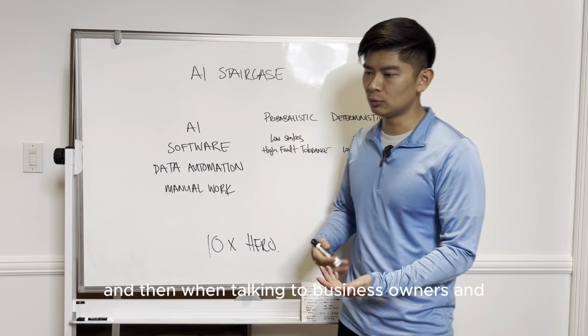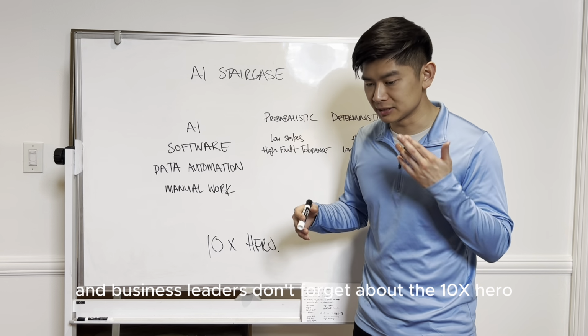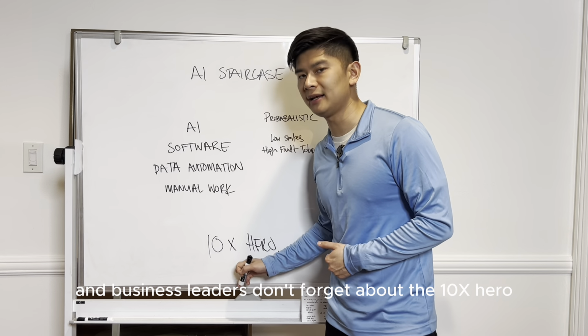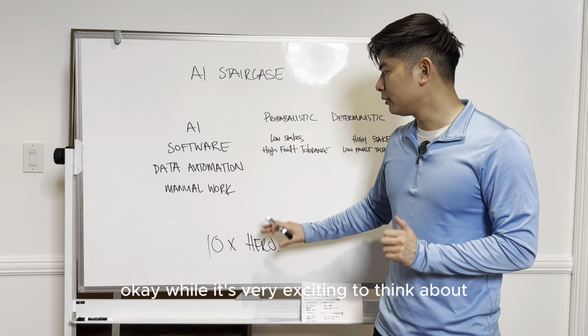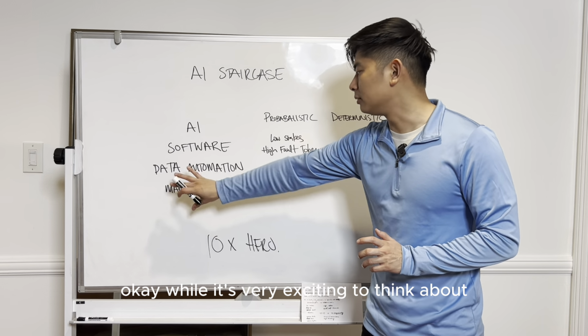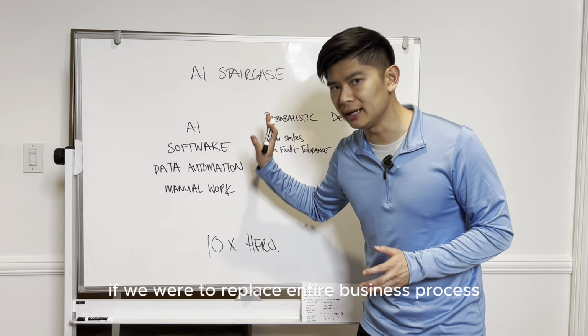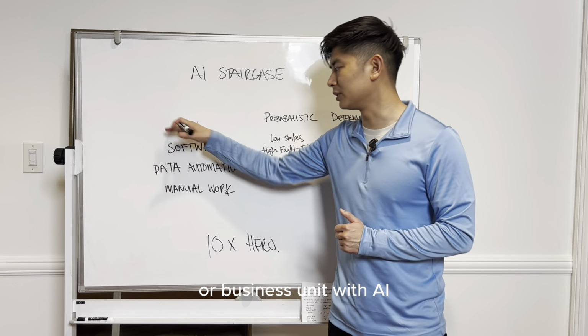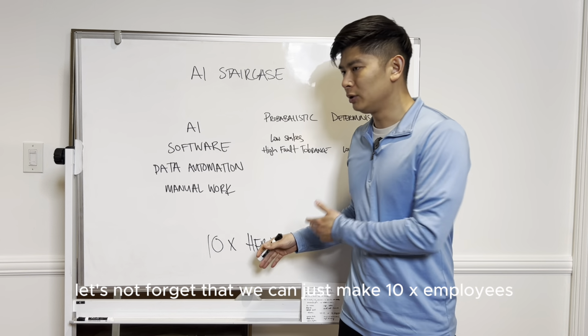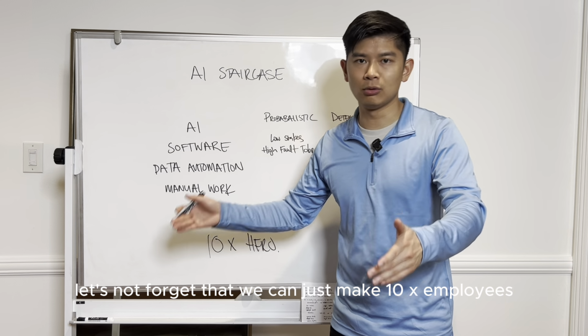And then when talking to business owners and business leaders, don't forget about the 10x hero, okay? While it's very exciting to think about what we can do if we were to replace an entire business process or business unit with AI, let's not forget that we can just make 10x employees, right?